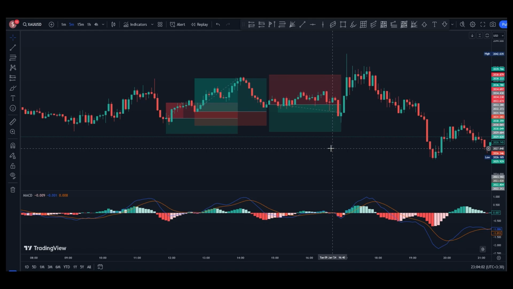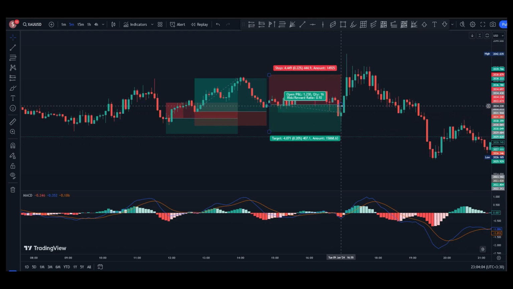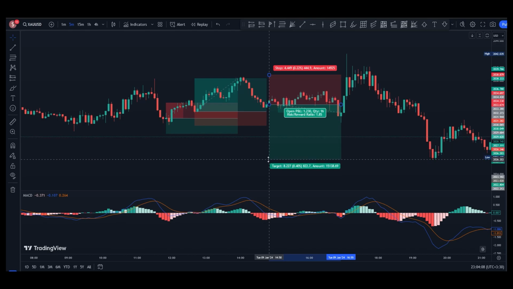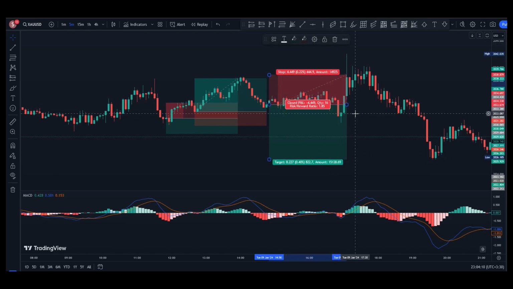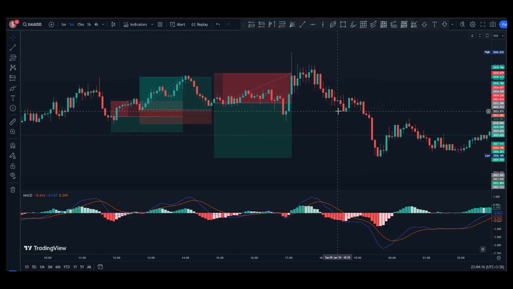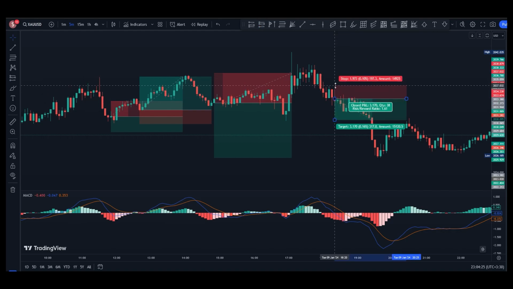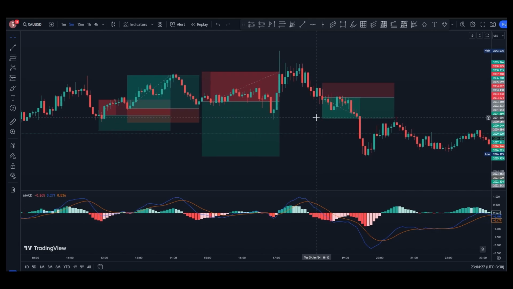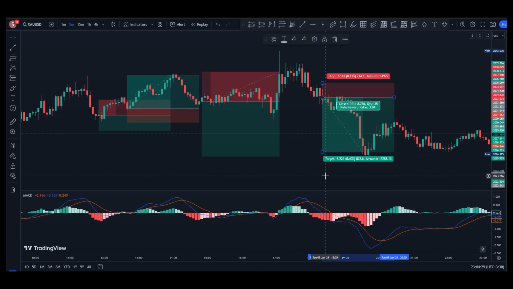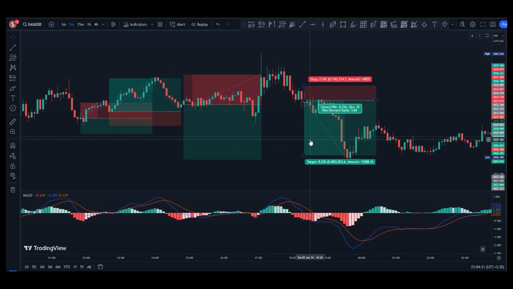Well, here we hit our stop loss, so we will enter another trade here. Put the stop loss on the swings, and you can see it hit our TP.